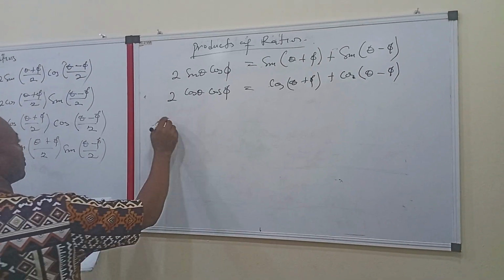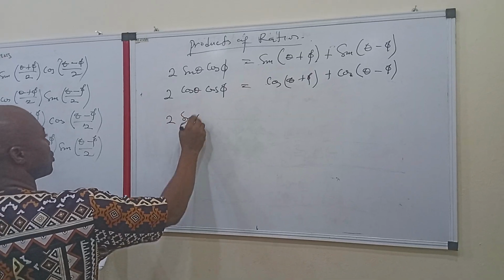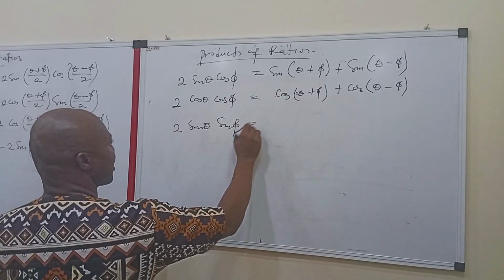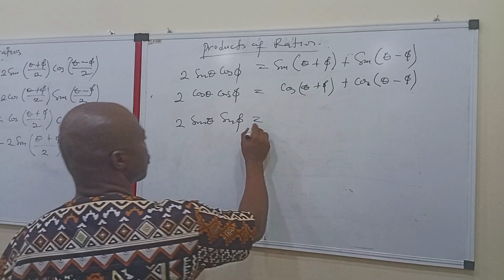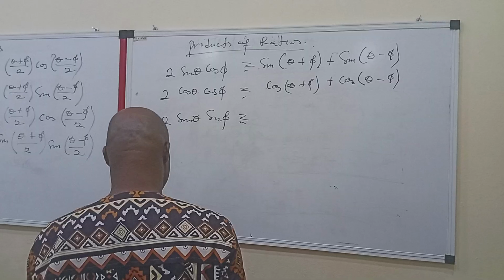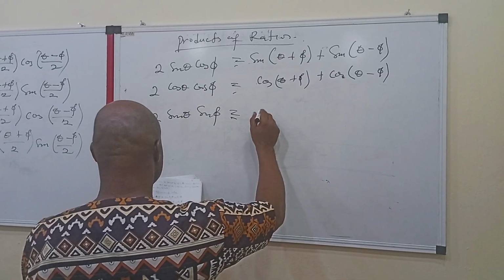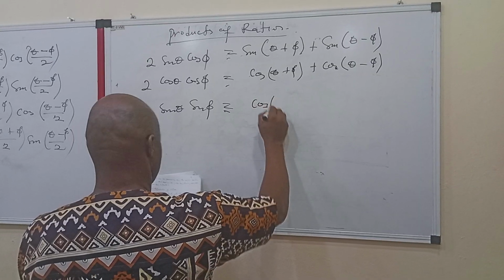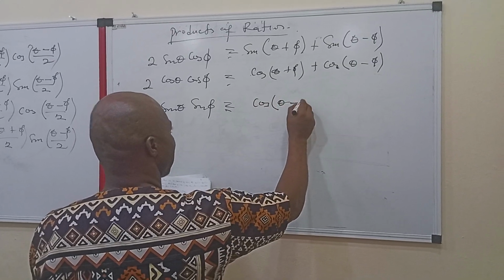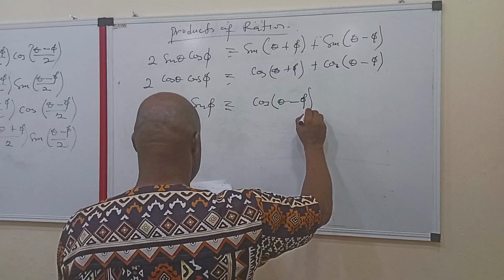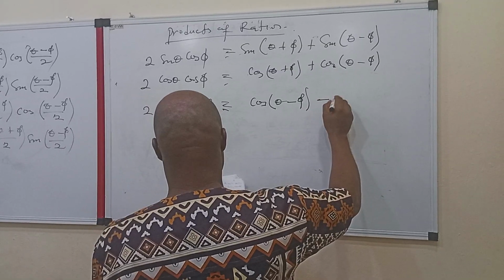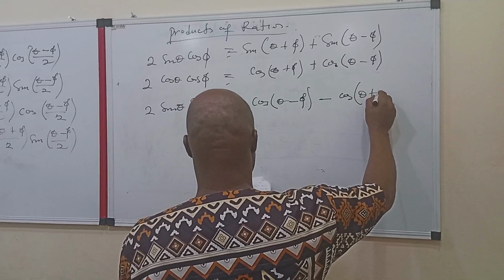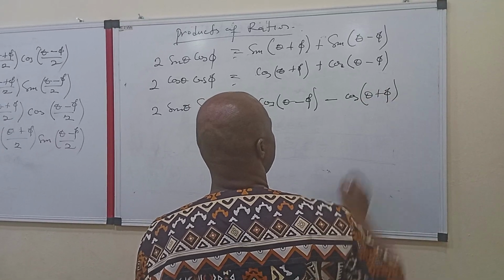Then lastly, 2 sine theta sine phi is equal to cos (theta minus phi) minus cos (theta plus phi).